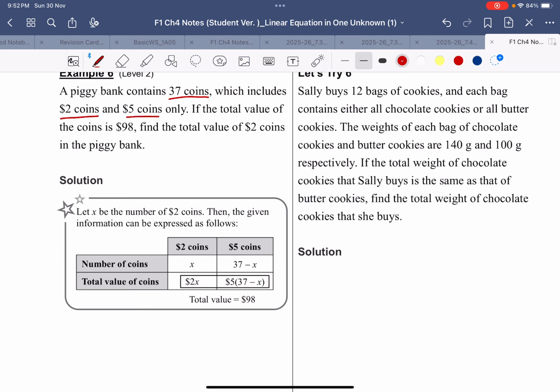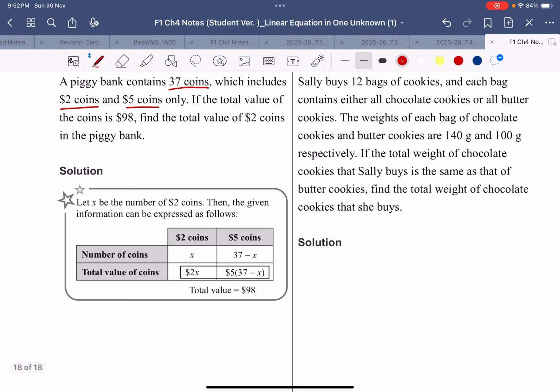If you let the number of $2 coins be X, the number of $5 coins should be the total number minus X, that is 37 minus X. Think about this relationship. If the total value of the coins is $98, find the number of $2 coins.